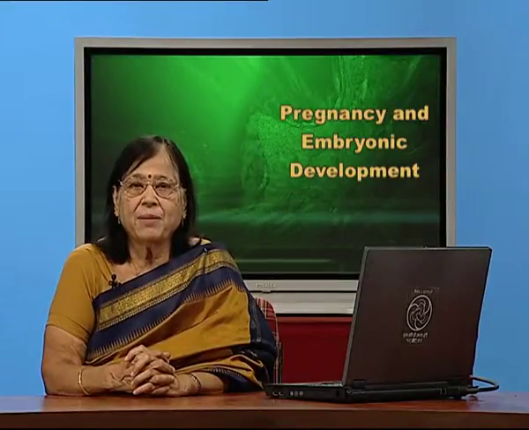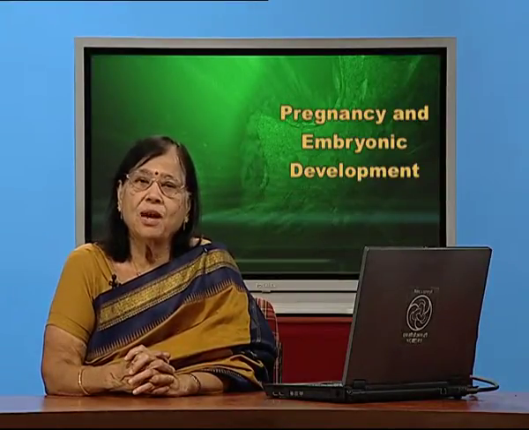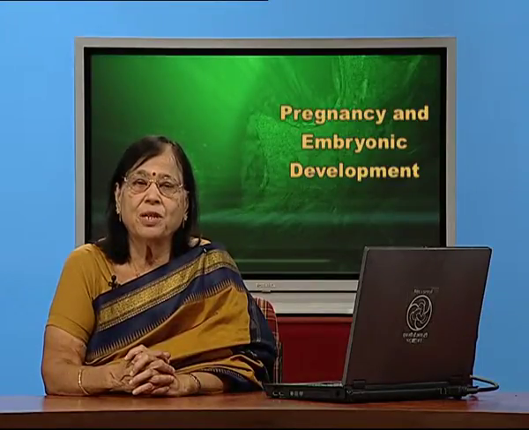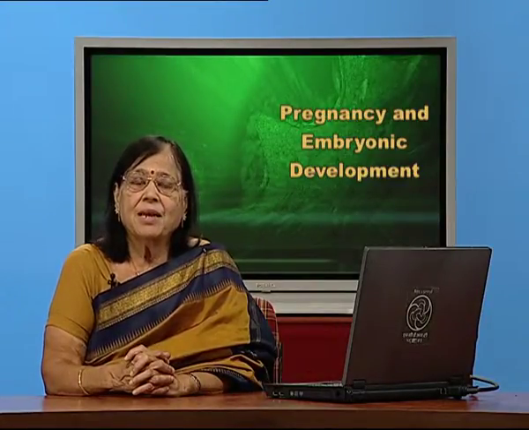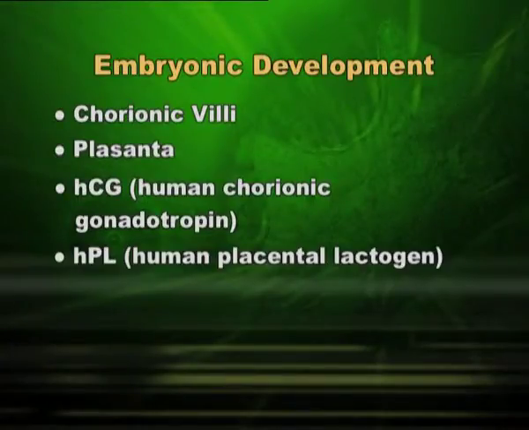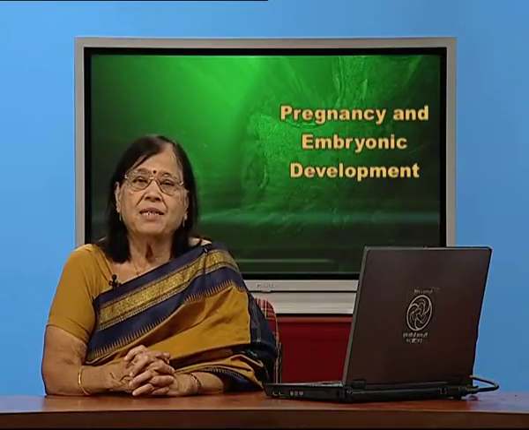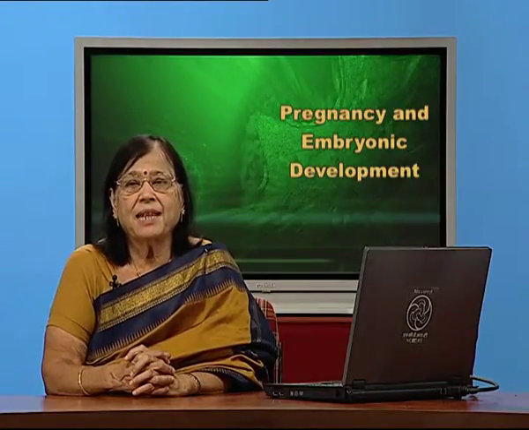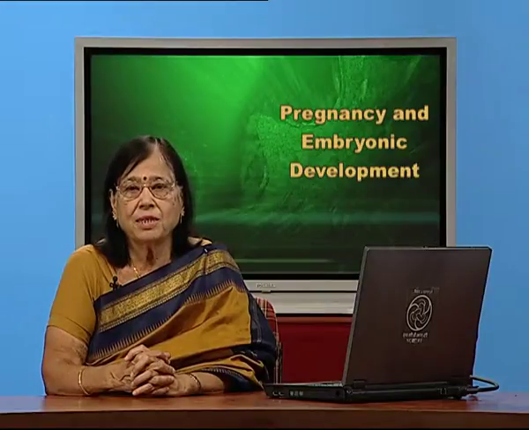The first trimester of pregnancy is looked after by the corpus luteum, because the corpus luteum lives for 90 days. The 2nd and 3rd trimesters, that is 6 months, are looked after by the placenta. So, the placenta has a fixed lifespan of 6 months. So, we can say that the placenta is a temporary endocrine gland. Endocrine because it is releasing hormone HCG, and temporary because it has a lifespan of 6 months, and it is important.